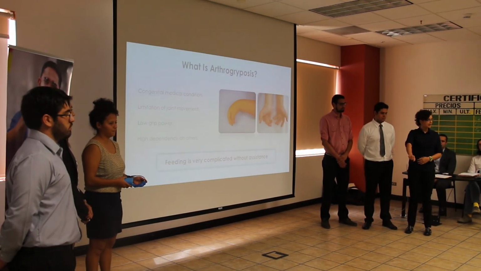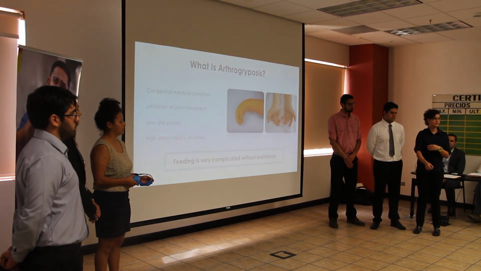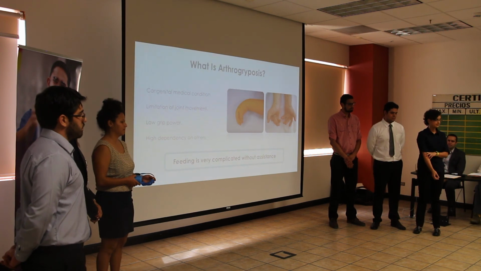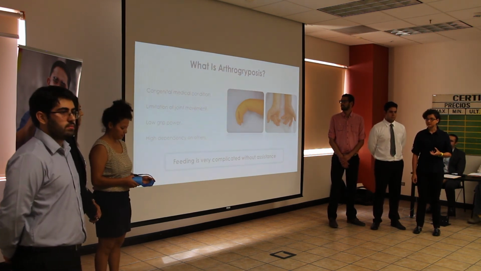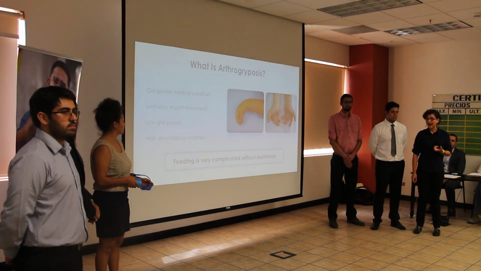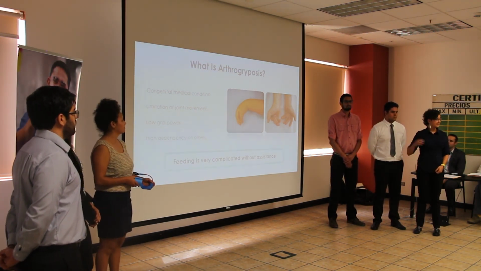It would be pretty hard, wouldn't it? You can't do this movement because your joints are kind of locked. So as you can see, this condition makes the patient highly dependent on others, and feeding is very complicated without any assistance.